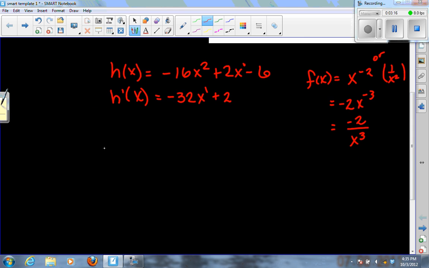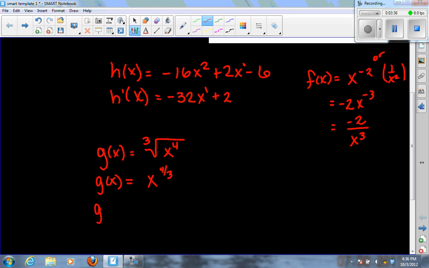You may remember that there were functions that look like this. This actually fits under the power rule because you remember that this can be converted to x to the 4/3 power, and under this case the derivative would be given by bring the power down, 4/3, rewrite the x, take 1 away from the power, 4/3 minus 3/3 is 1/3, and so this would be the derivative.